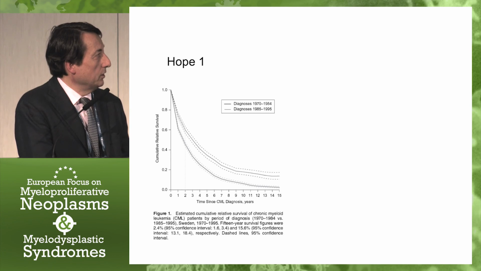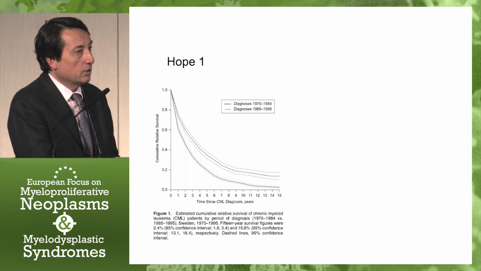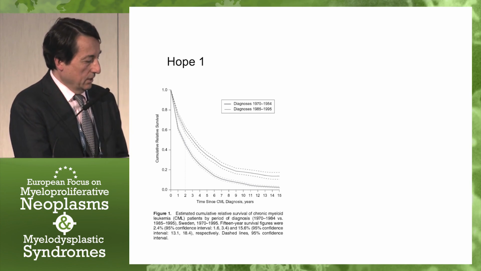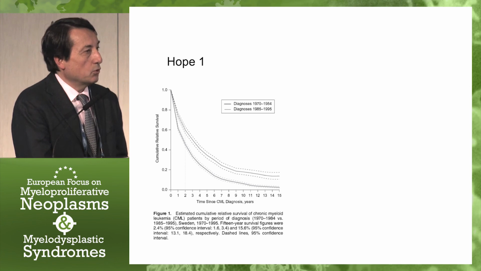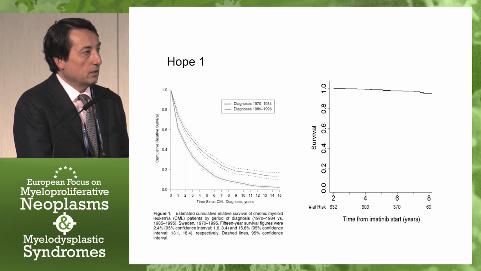And the hope, of course, is that the survival of, not of aCML, but of CML before imatinib, could at the end of our exercise be transformed at least a little bit as it is for CML today.